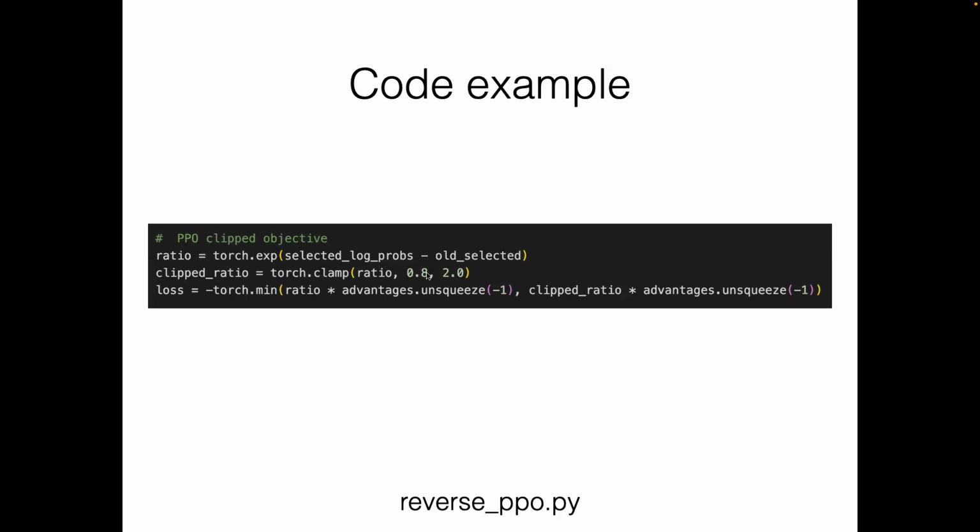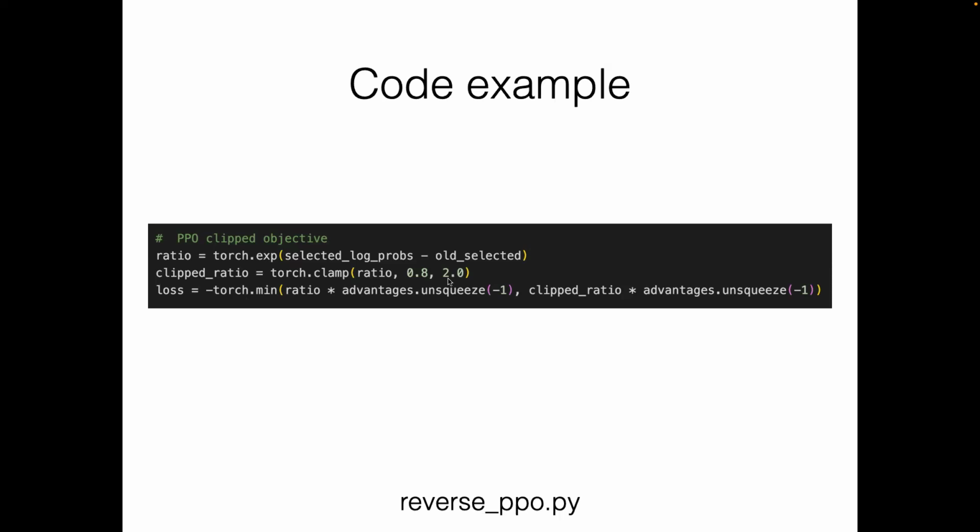I hard coded these epsilon values. Here's doing the clipping, and then here is computing the loss. I forgot to change this back, but basically these clipping parameters can affect how the model explores.